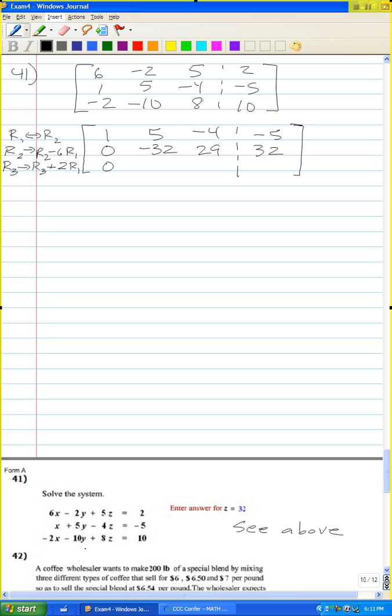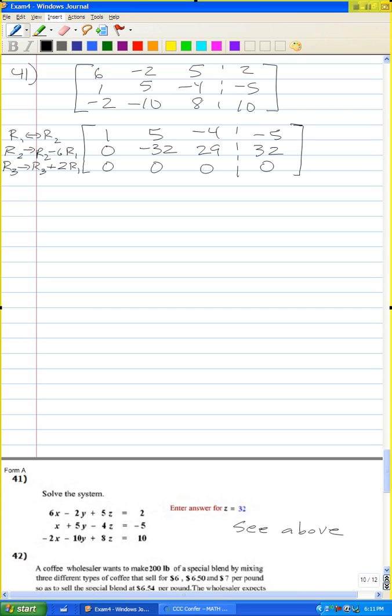That's a -10. 10 minus 10 is 0. 8 minus 8, that's 0. 10 minus 10, that's 0. Okay, good. So now, all I have to do to solve this is just back substitute.